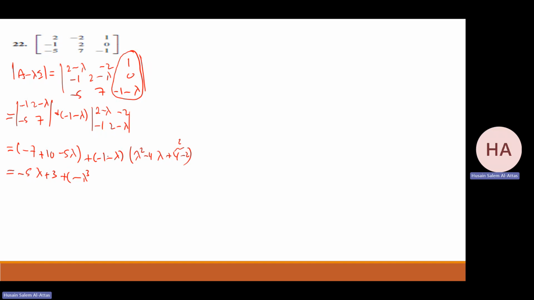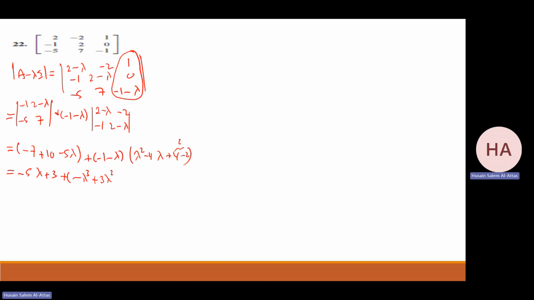What will bring the square? 4 lambda square minus lambda square. That will be plus 3 lambda square. Okay.